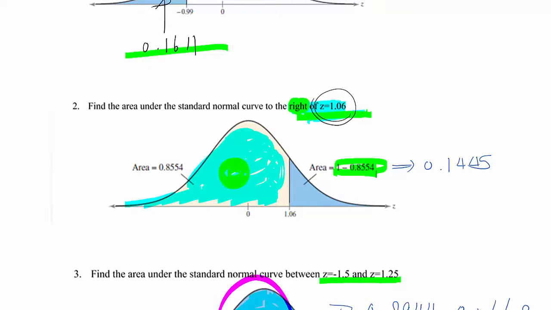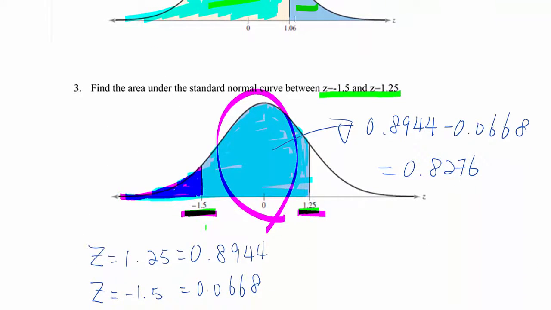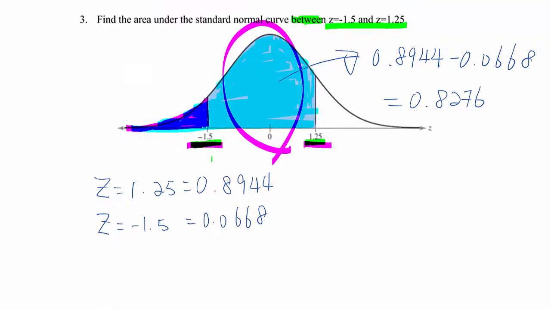Then you will get the right side area. The reason, as I told you before, is that the sum of the left side and the right side must be equal to 1. And third, if the question asks for the area between two different z-scores, then you need to read each z-score area value and subtract the smaller value from the bigger value. Then you can find the area between the two z-scores.